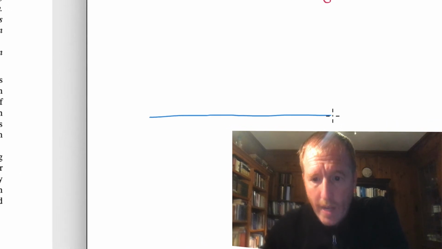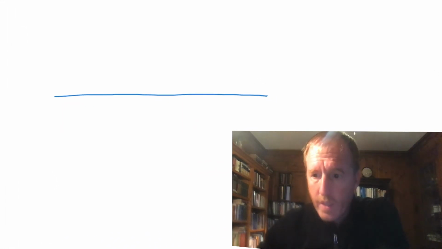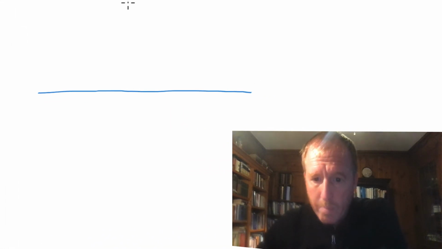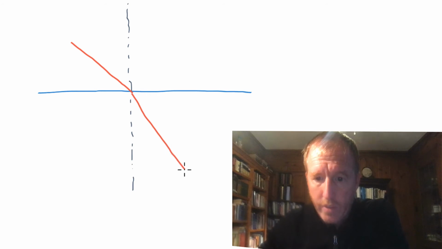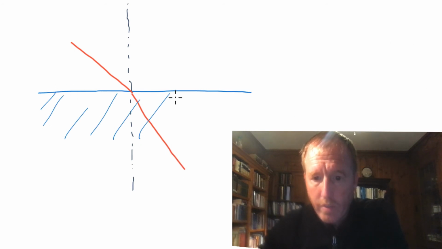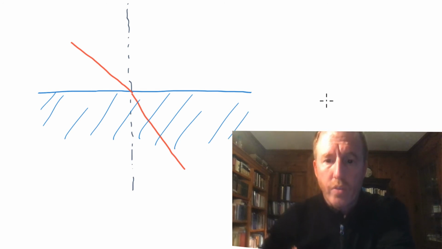Let's suppose you have an interface and we were to draw a perpendicular to the interface right here, and we were to consider a ray of light coming in like this, and it refracts in passing into this medium. And once again, maybe I'll draw this like this to give a sense of the fact that there's two different media.